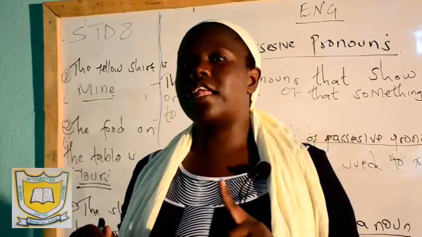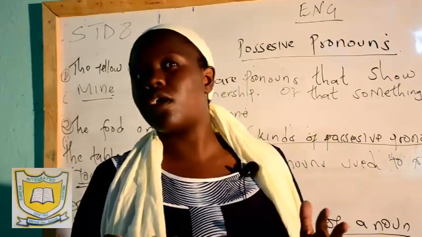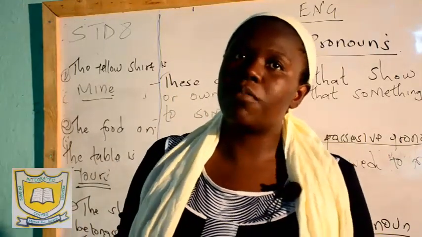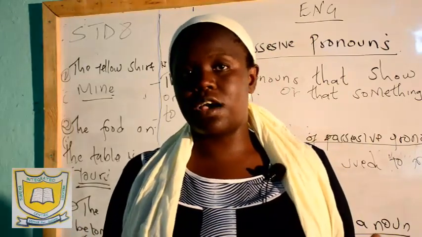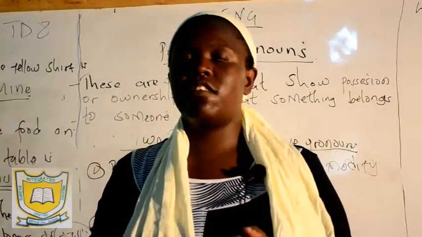How are you going to identify if the possessive pronoun is a modifier or if it has been used in place of a noun? Just make sure that the modifier possessive pronoun comes before the noun. So I'm going to leave the questions on possessive pronouns.